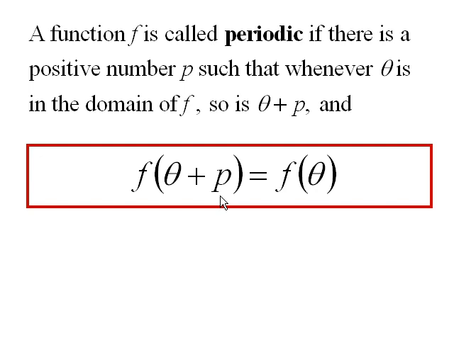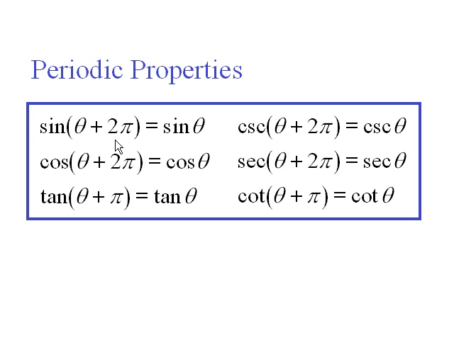Trig functions are that way, and a reason to see why is that when you measure an angle around the unit circle, going an extra 2 pi radians, 360 degrees, puts you at the same terminal side. It doesn't affect what the coordinates of the point would be. In particular, the y-coordinate is the same.